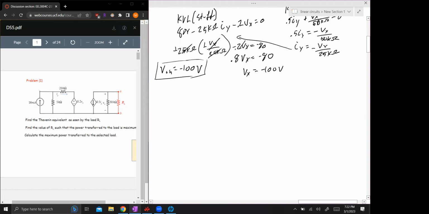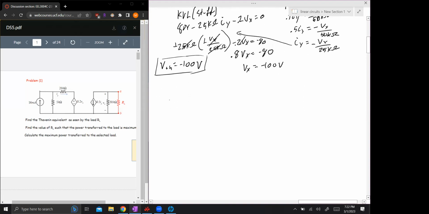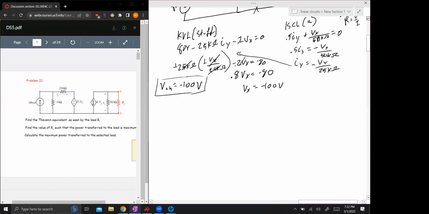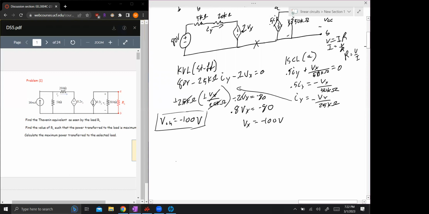So let's look at this circuit here again. I'm just gonna keep the source transformed circuit that we did. So I'm gonna say plus minus, and then here we're gonna have first resistor, second resistor, and then we're gonna have this, and then we're gonna have that.